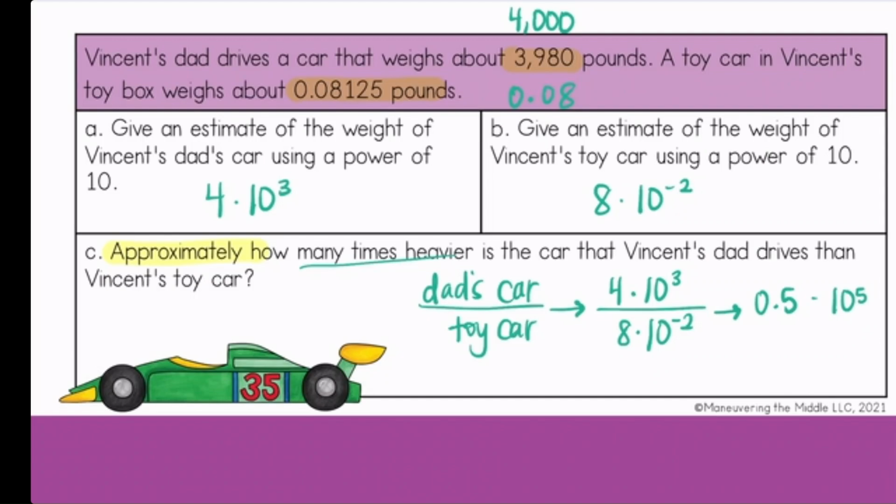So I could rewrite it as 5 times 10 to the fourth. And then again, it may be more helpful to actually think of this in standard notation. So 5 times 10 to the fourth is the same as 50,000. Okay, so the car that his dad drives is 50,000 times greater, or really 50,000 times heavier, I should say, than the toy car in his toy box.